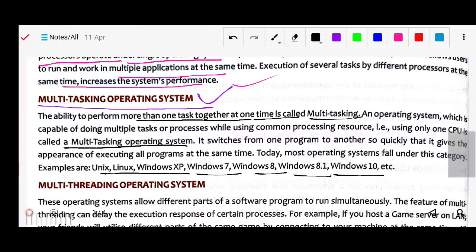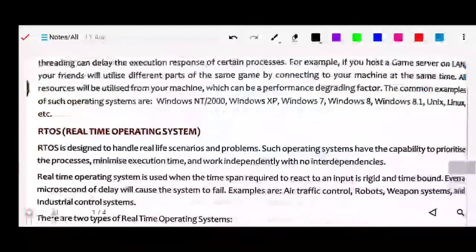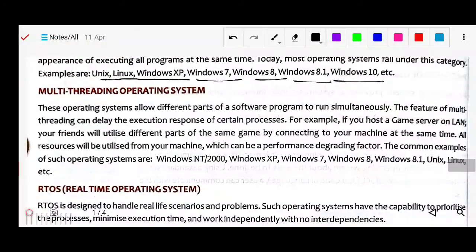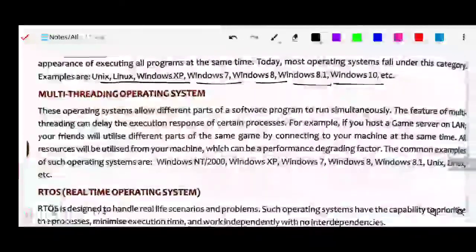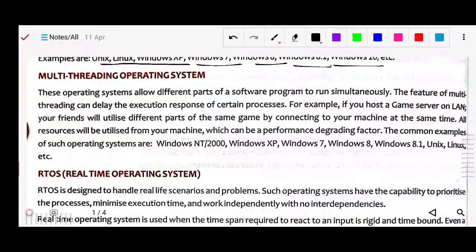Now next we have the multi-threading operating system. So what is this multi-threading? These operating systems allow different parts of a software program to run simultaneously, meaning at a time they can run different parts of the operating system.